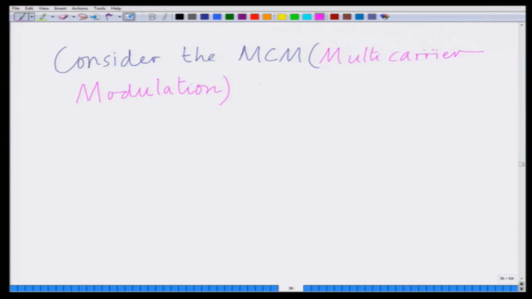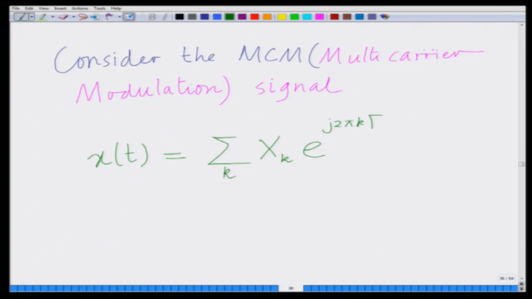So consider the MCM signal. So I have the MCM signal, which is x(t) equals summation over k of X_k e to the power of j 2 pi k f naught t.